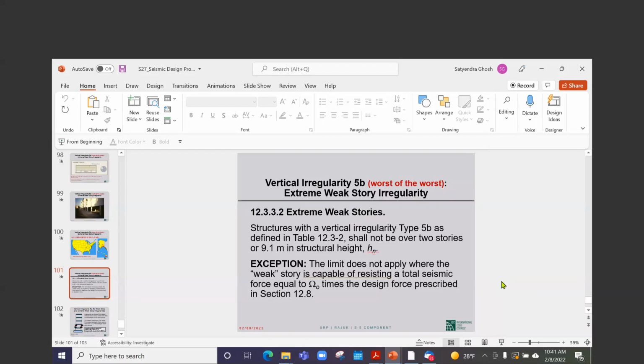For drift computation, what time period of the building will be used? Is the approximate method for computation of time period used? Should we use the approximate method or the time period from modal analysis? Okay, so for drift computation, what period do you use?